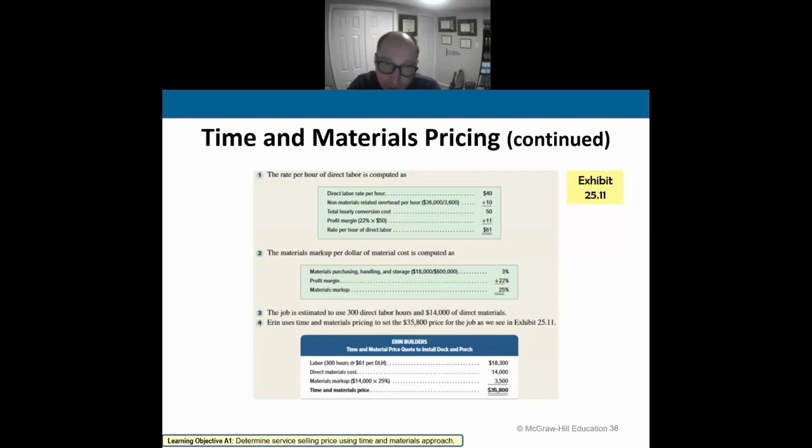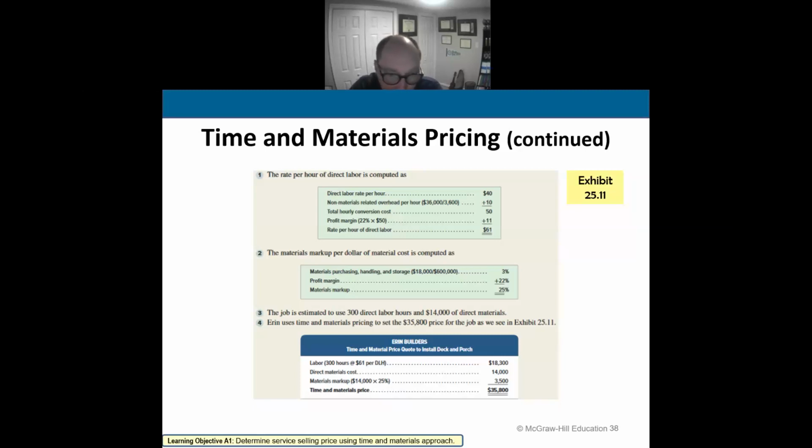There's a cost for labor and there's a cost for the materials. And so the first thing they do is compute the labor hour using direct labor. Hourly rate plus non-material overhead, giving you hourly conversion cost, plus the profit margin on labor, giving you the total hourly rate that's billed to the customer.